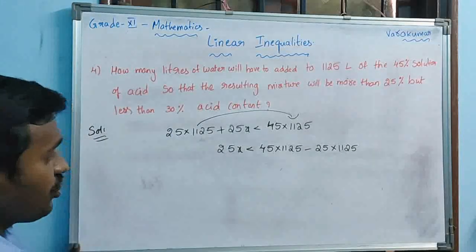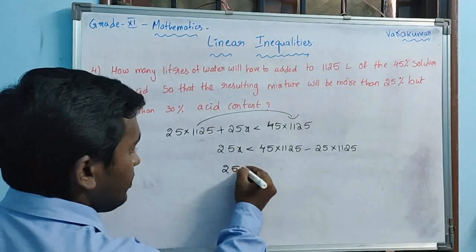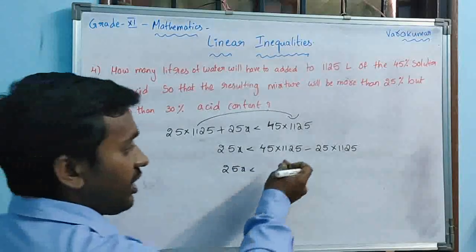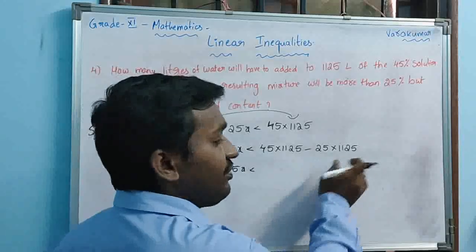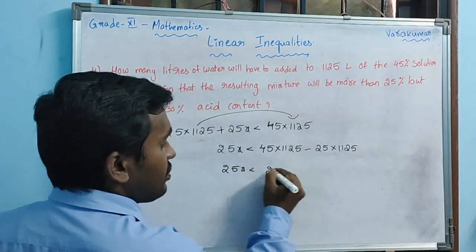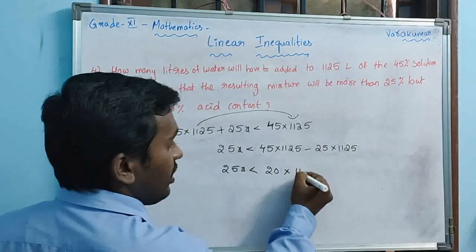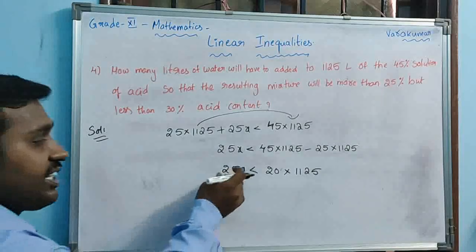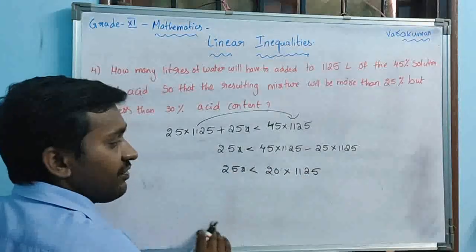So 25x is less than 45 times 1125 minus 25 times 1125, which is 20 times 1125. This 25 also we have to divide on both sides.